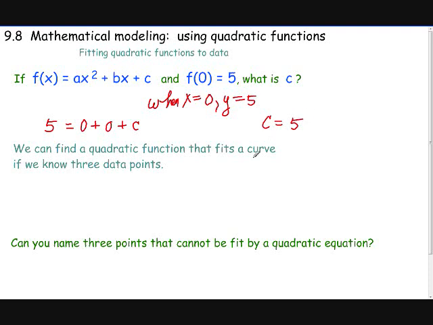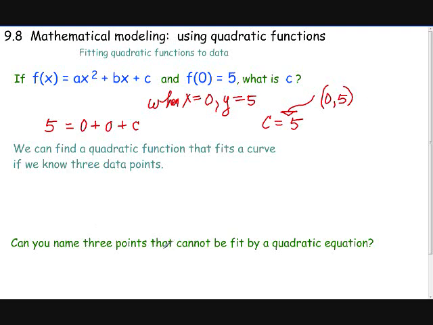So there are ways, if you know a couple points, well, actually, if you know all 3 points or something else about the function, you can start to put that function together. In this case, I knew 1 point. I knew this point, 0 and 5. And with that, I could figure out what c would be in my quadratic function f.